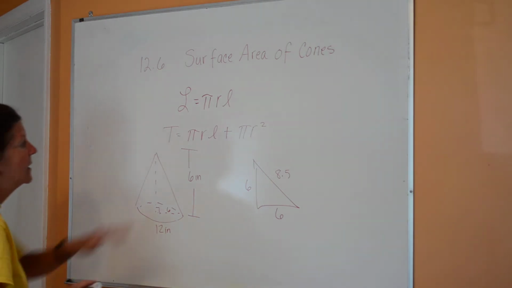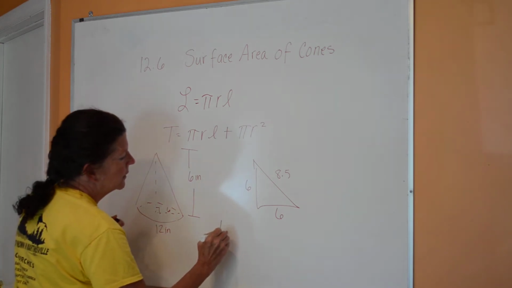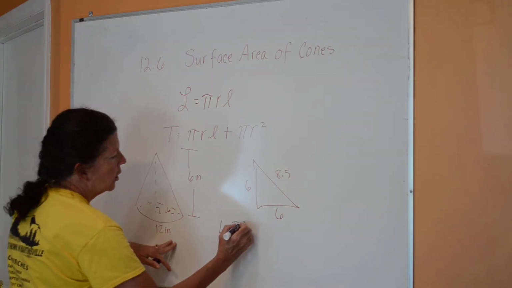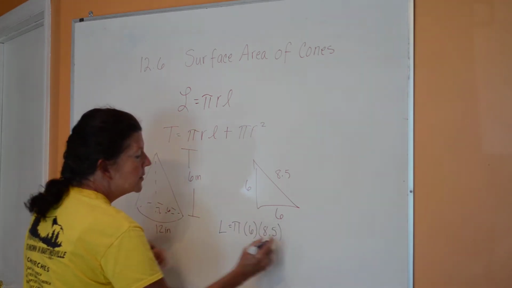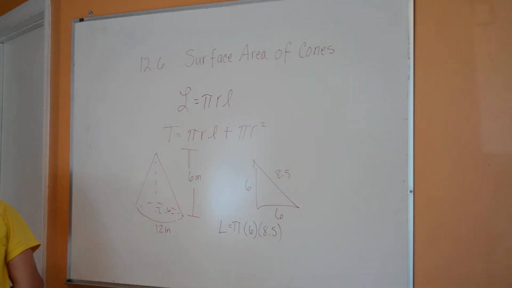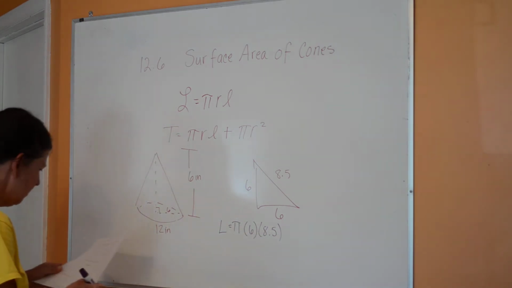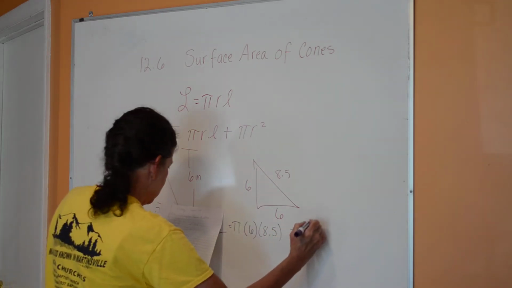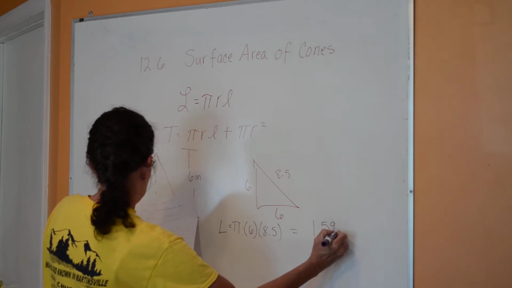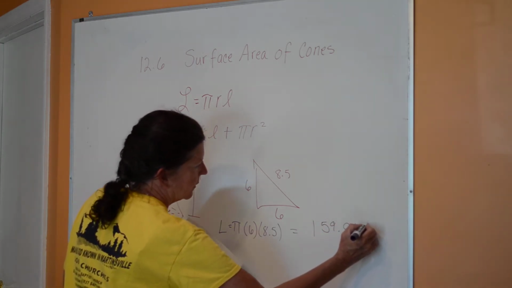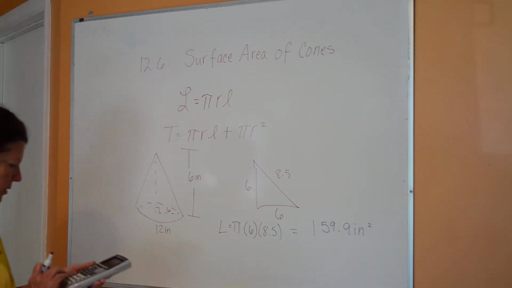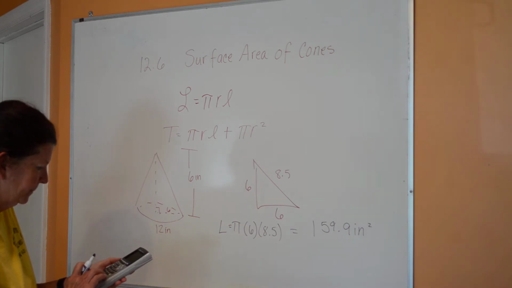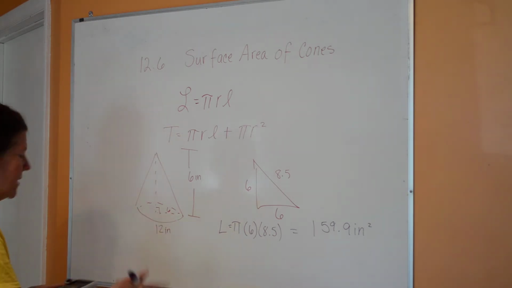If they just want me to find the lateral area, the lateral is equal to pi times r, where r is 6, and the slant height is 8.5. That would give me the lateral area, which on this particular one is approximately 160 inches squared.